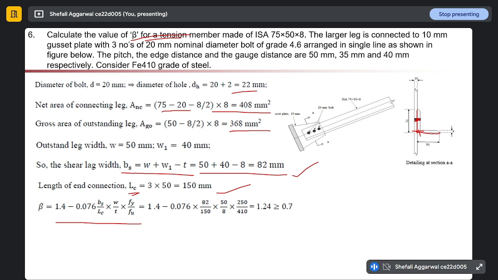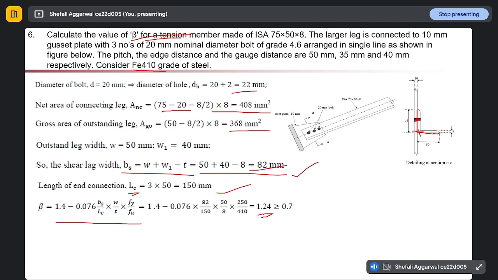So BS we have calculated as 82, LC as 150, then W is given to us as 50 outstanding width. Then T, thickness of our plate, is 8 mm. And the next thing is Fy. For Fe 410 grade we are using Fy as 250 megapascal, so 250 divided by Fu, ultimate strength, 410. Calculating all these values we are getting our beta as 1.25.